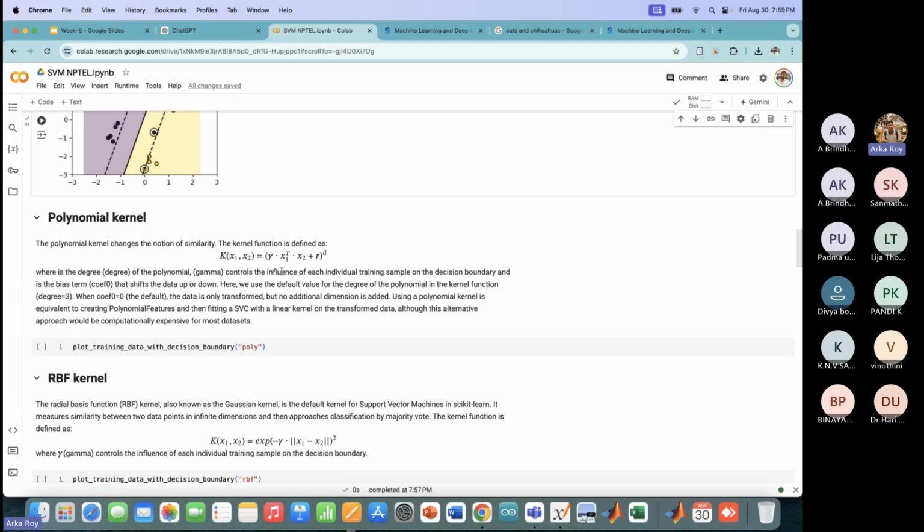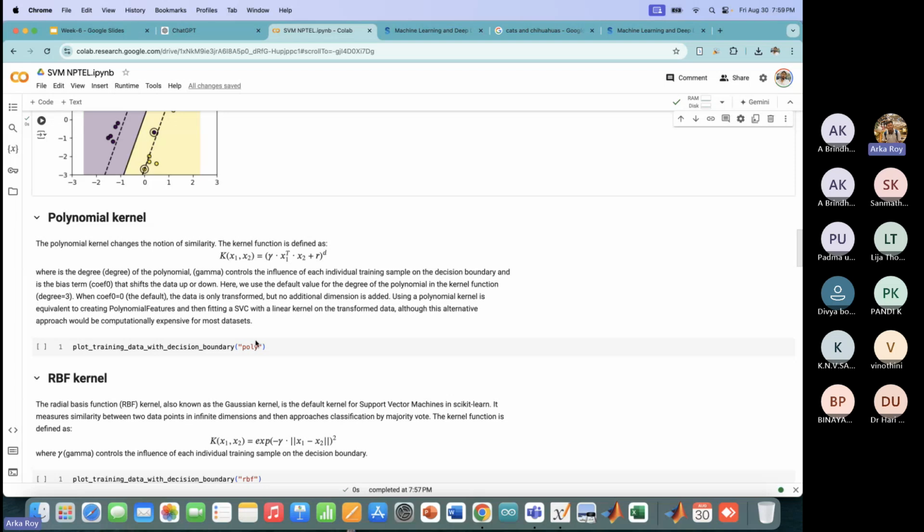And I have also written that this is the degree of the polynomial, d. When you write poly, d equal to 2, that means this is a quadratic case. If you choose the degree to be 3, then it would be a cubic polynomial as well.